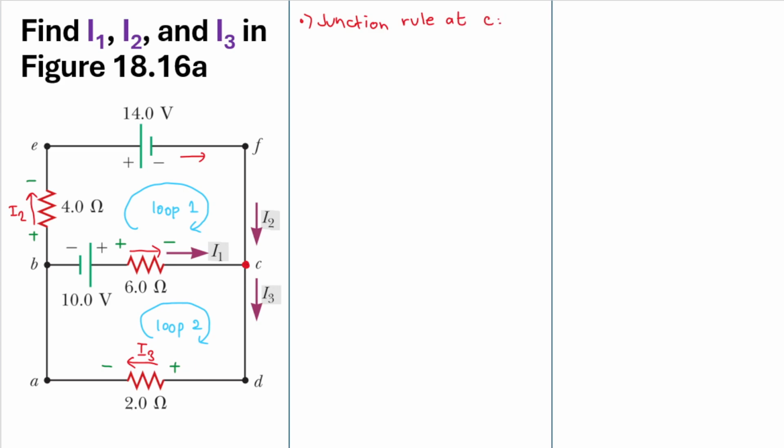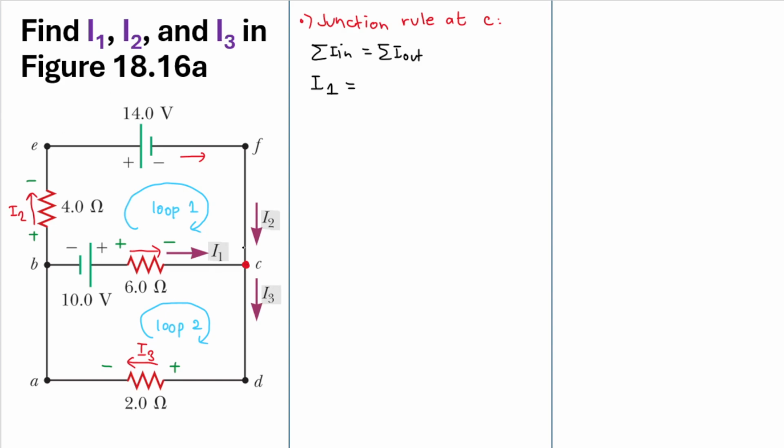What does the junction rule say? It says that the sum of the current that goes in will equal the current that goes out. And the only current that goes into this point C is I1. So I will have I1 here. Then that will equal the current that goes out. Oh, I think there are more currents that go in.